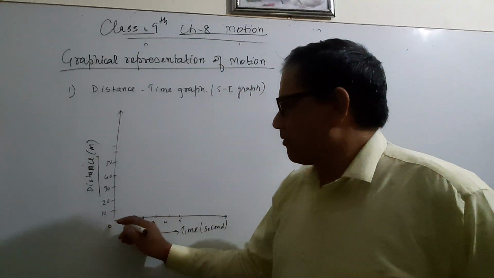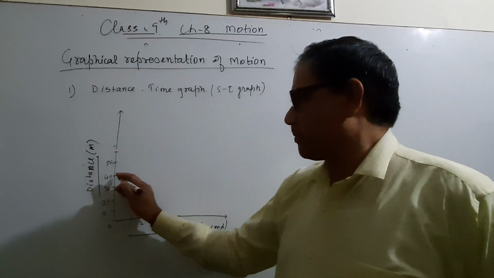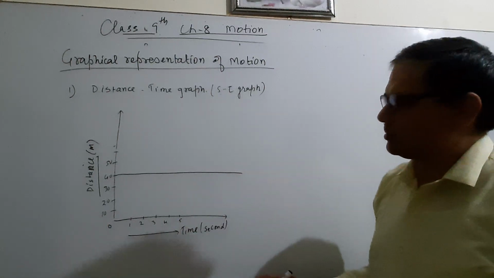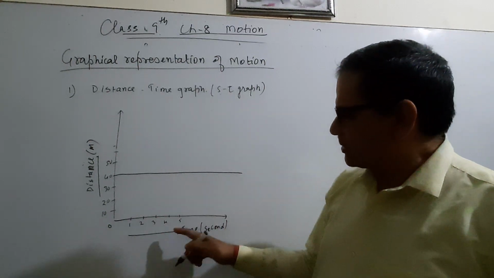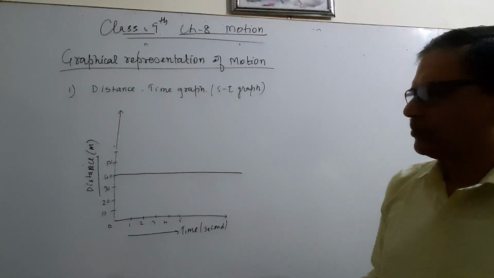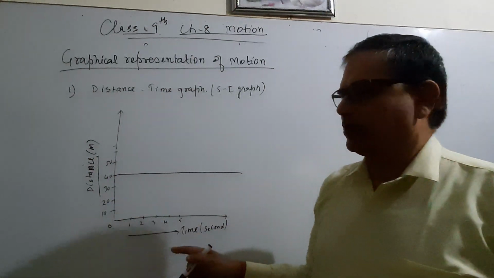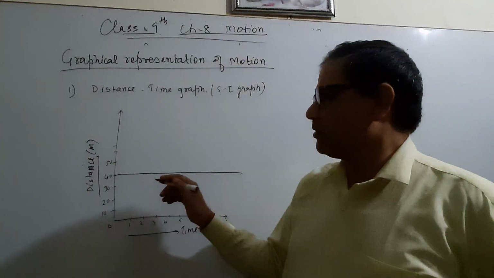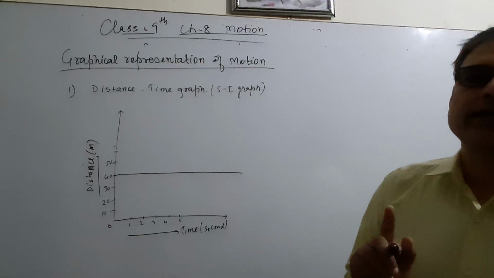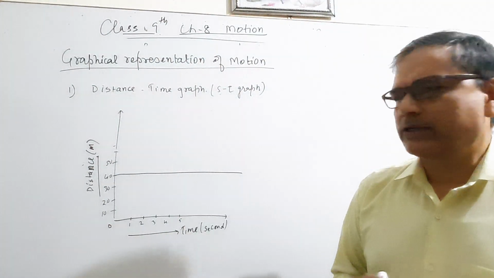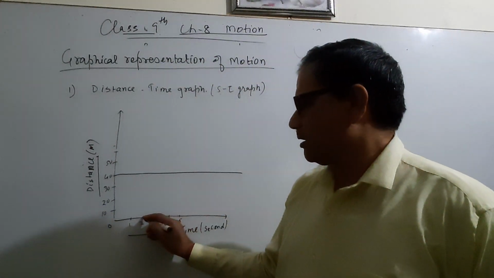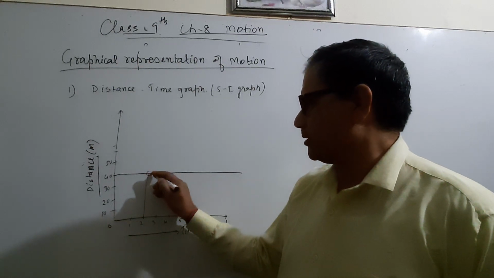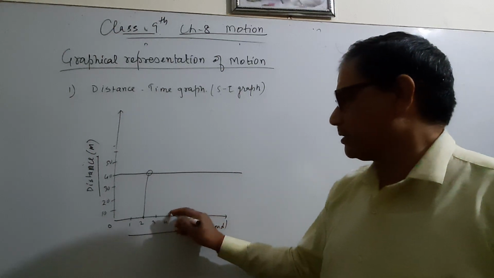If the line is parallel to the x-axis, which represents time, then in the ST graph that will show the object is at rest. How can you say that? If I calculate from here, at 2 seconds the distance is 40, and at 4 seconds the distance is 40.